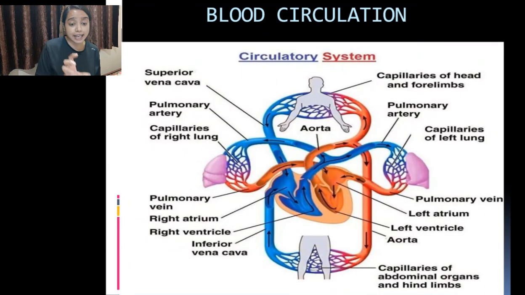Now look at the diagram in one view and understand. The inferior vena cava sends deoxygenated blood, and from above the superior vena cava sends deoxygenated blood to the right atrium. From the right atrium the blood goes to the right ventricle. From the right ventricle the blood goes to the pulmonary artery.